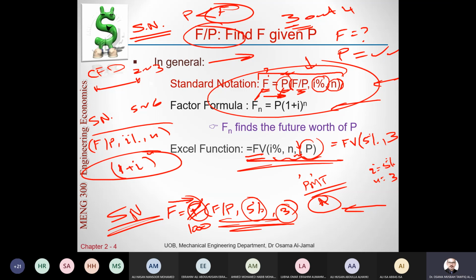If you want to get the value for this, just substitute into that one without multiplying by P. What we have between those two brackets is the same as (1 plus i) to the power n, because both of them will be multiplied by P.